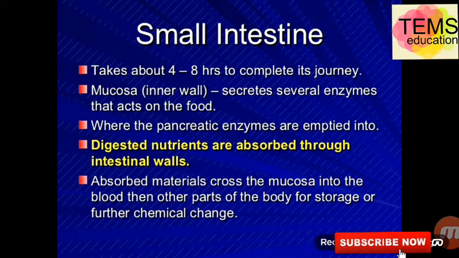where the pancreatic enzymes are emptied into and digested nutrients are absorbed through the intestinal walls. The absorbed materials cross the mucosa into the blood, then go to other parts of the body for storage or further chemical changes.